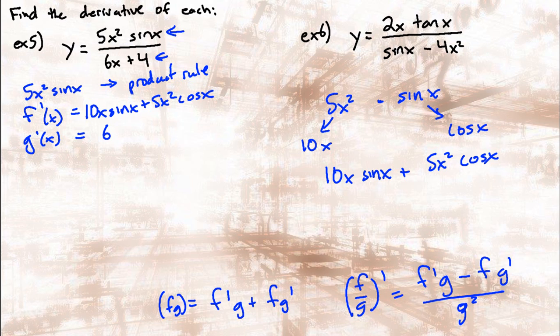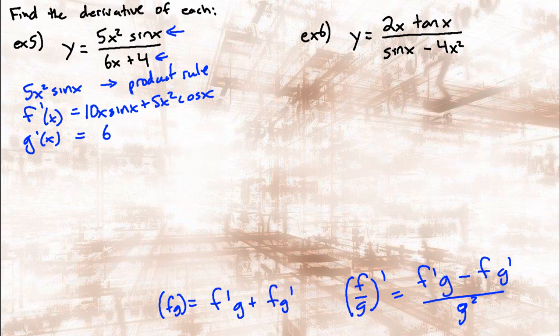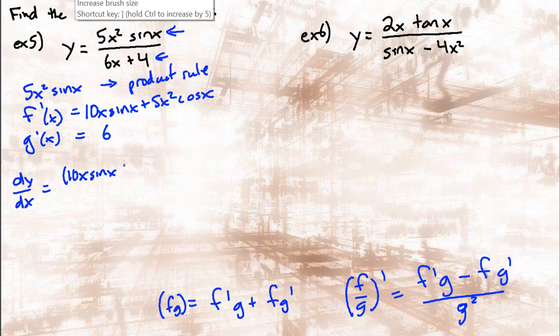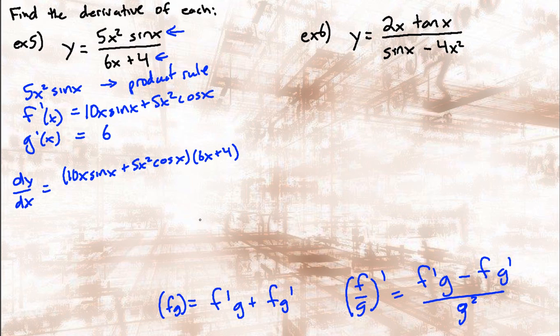So now, using my quotient rule, we're going to say our derivative is the derivative of the numerator, big long thing, times the denominator. It may or may not be worth multiplying that out. We'll see shortly.